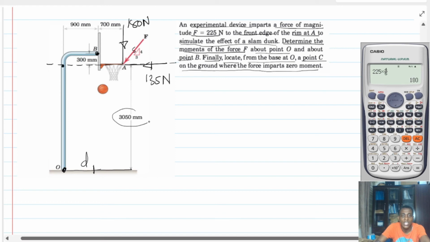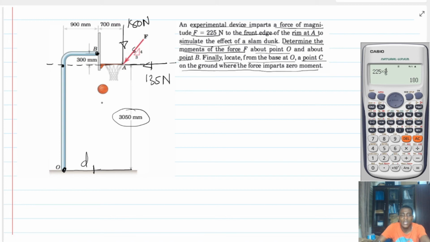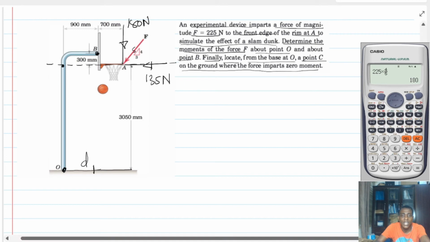And that distance is 3050 millimeters. Is that right? And similarly, if I try to locate the line of action of the 180 force, it's going to come this way. Is that right?